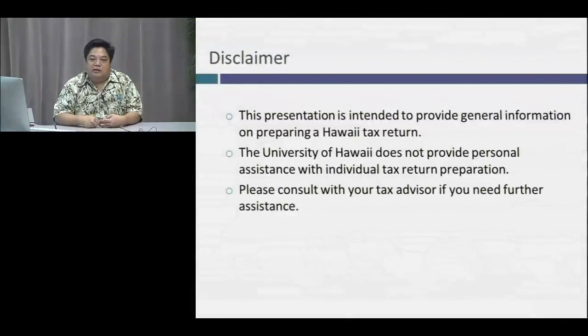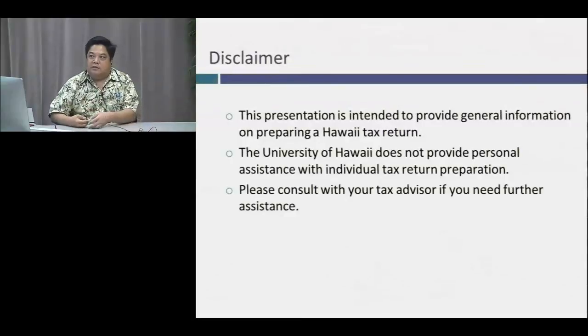Okay. So again, there are so many different situations at UH. You need to ask yourself, are you a resident? If you're a resident, there are certain things that we don't need to report because it's too confusing. We don't know if that's scholarship, or if that's for something else.